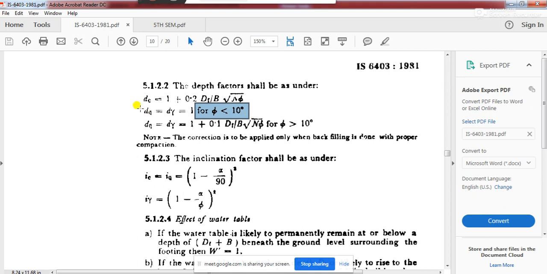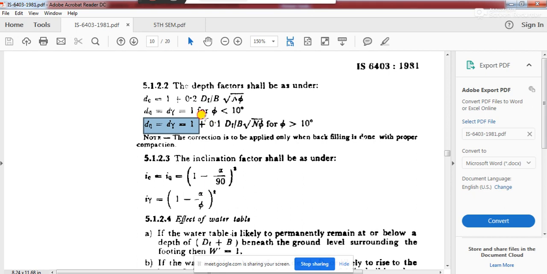In that case, the Indian Standard Code says this DQ and D gamma factor can be taken as 1. However, if the value of phi is greater than 10 degree, that means the soil is becoming more sandy, or having more angle of internal friction, in such a case this DQ and D gamma value is not 1.